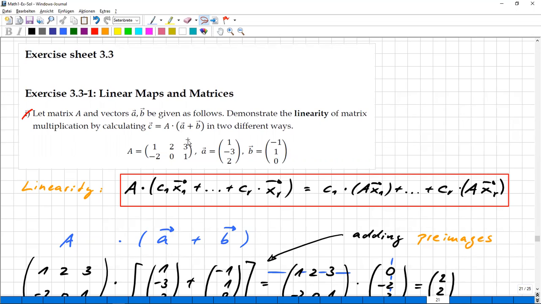For your convenience, I did not use any scaling factors in this example. This is just a little exercise to see how to do it and to show that the result is the same both ways, by adding either the pre-images or the images. You will see, okay?